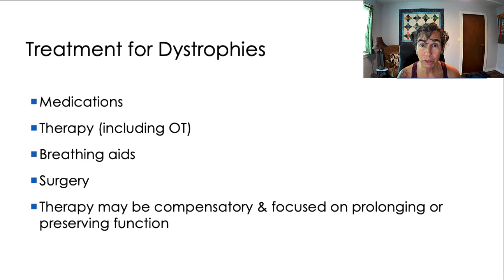In terms of treatment for dystrophies, medications can be helpful, therapies including OT, breathing aids at the end of one's life, surgery sometimes. I worked with a young man, I think I started working with him when he was 13 and stopped when he was about 16. And he had a variety of surgeries.